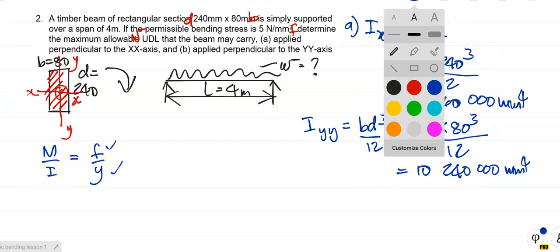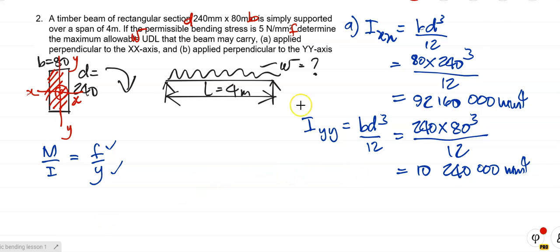let me change the color here. We know that the moment at the center of the beam is equal to wL squared over 8.